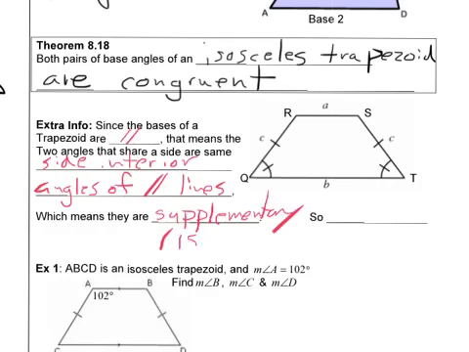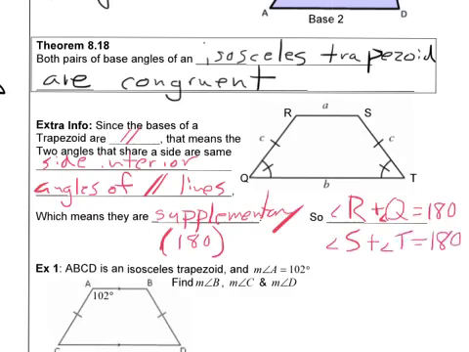And that means they add up to 180, so hopefully you remember that. So we could say that angle R plus angle Q equals 180, and we could also say that angle S plus angle T equals 180. Alright, there's the basic notes.